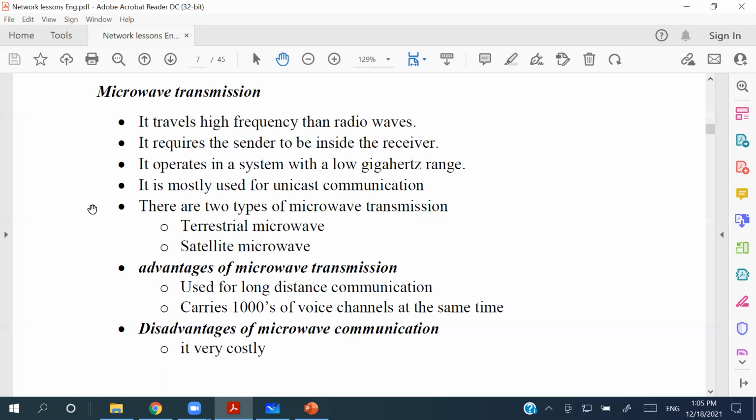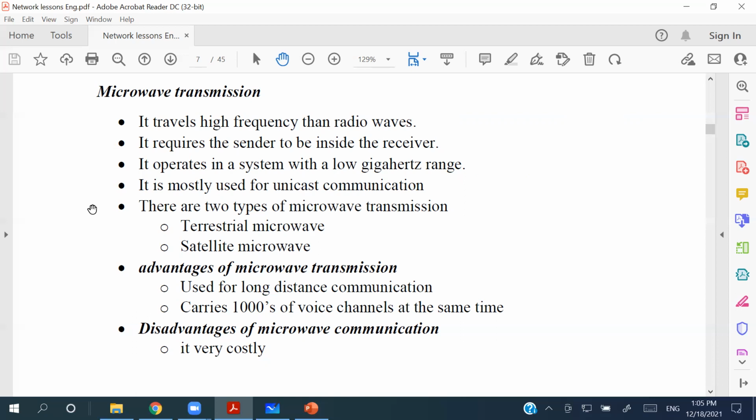So because of that, we don't use microwaves for our day-to-day activities, right? But there are certain things that we must use the microwaves for, otherwise it's not going to happen, or it's not going to happen as fast as we want, right?